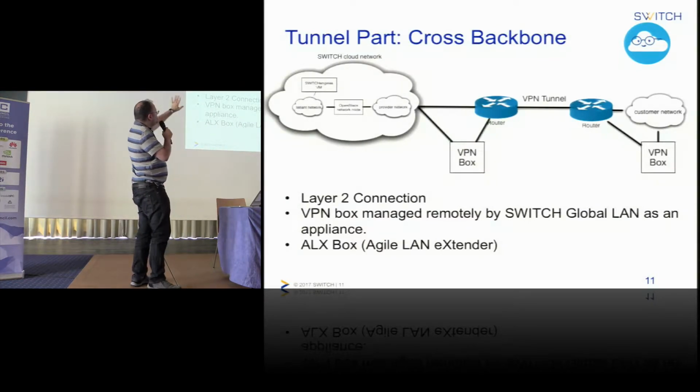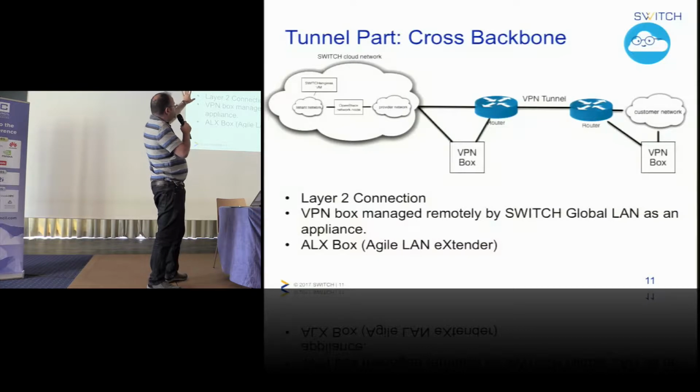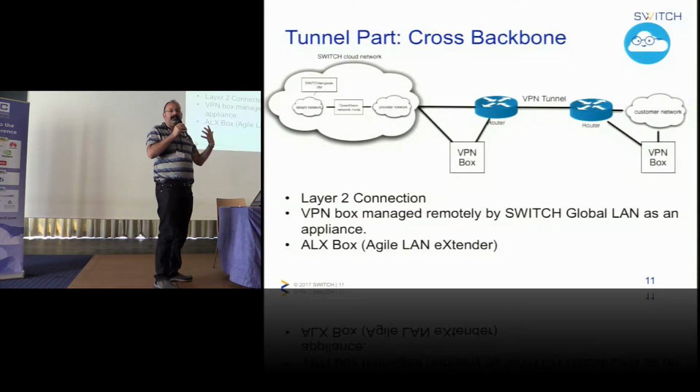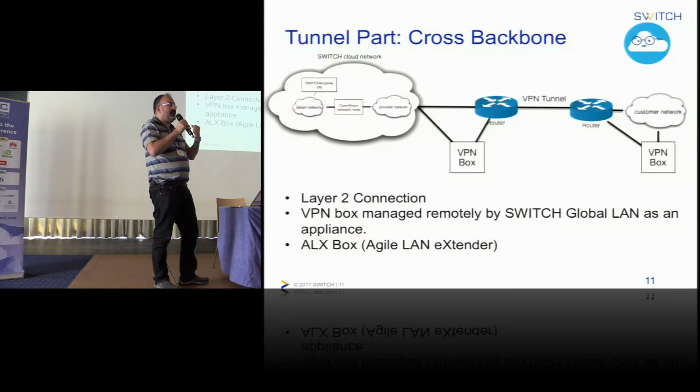Okay, here is the figure that tries to explain the thing. So on the upper left, where is this cloud, this is the OpenStack cloud. So you have your SWITCHengines VM, and you have a tenant network. Now, a tenant network, it's just a set of VXLAN tunnels.